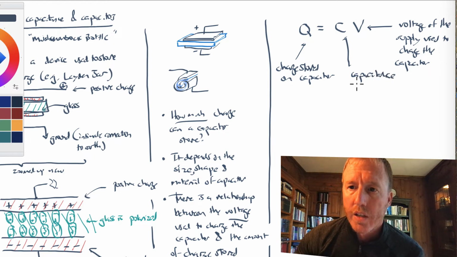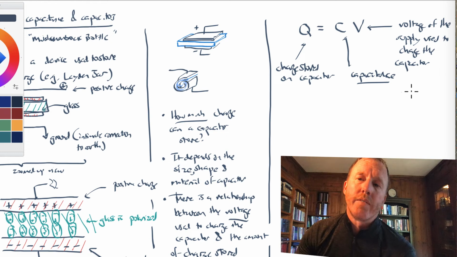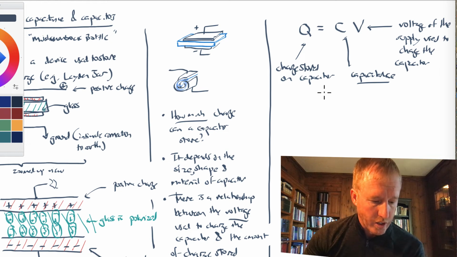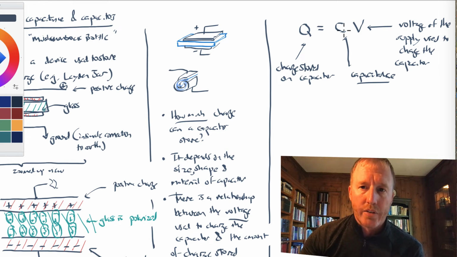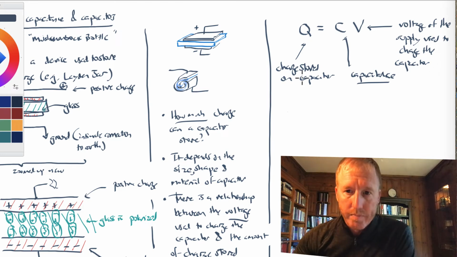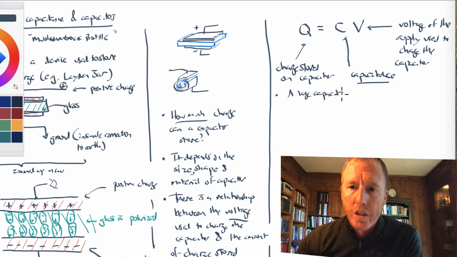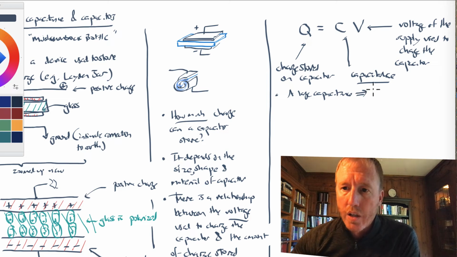The capacitance is a value, a number that describes the relationship between the voltage you use to charge it and the total amount of charge stored. An object with a larger capacitance will hold a larger amount of charge even when you charge it up using the same voltage. Okay, so a large capacitance implies large charge storage.